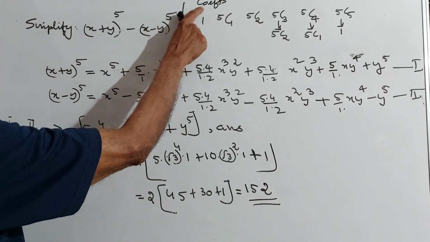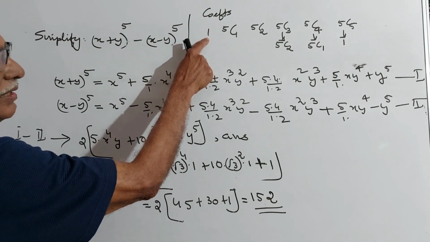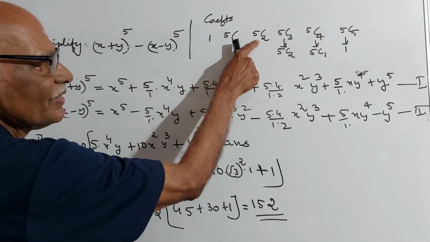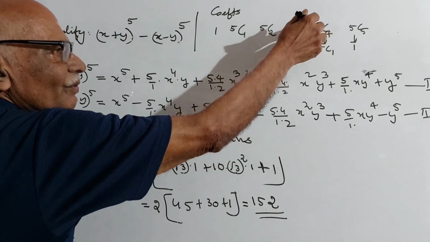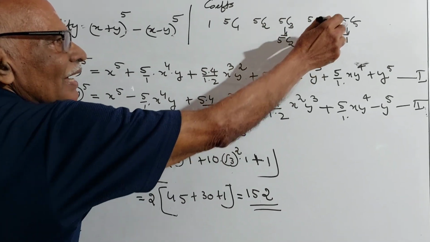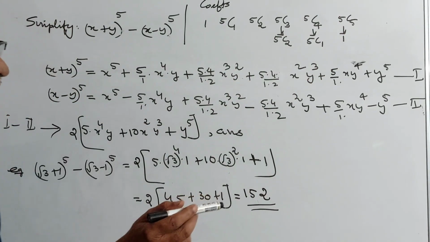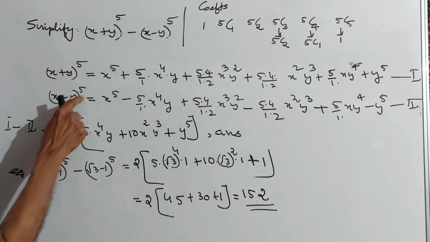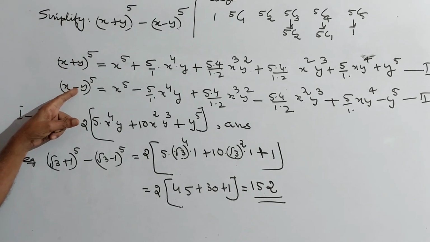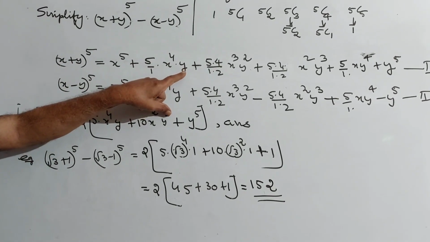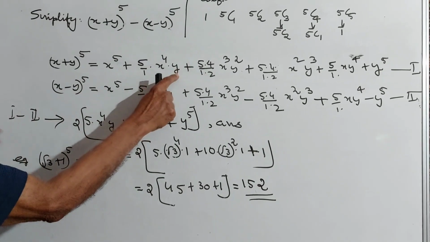Now the binomial coefficients are 1, 5c1, 5c2, 5c3 is same as 5c2, 5c4 is same as 5c1, and 5c5 is 1. Now in the case of x minus y the whole raised to 5, you see plus y goes to minus y. So wherever there is y, you replace it by minus y. This becomes minus y.